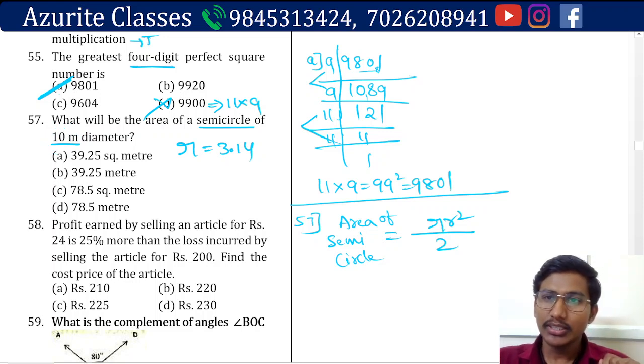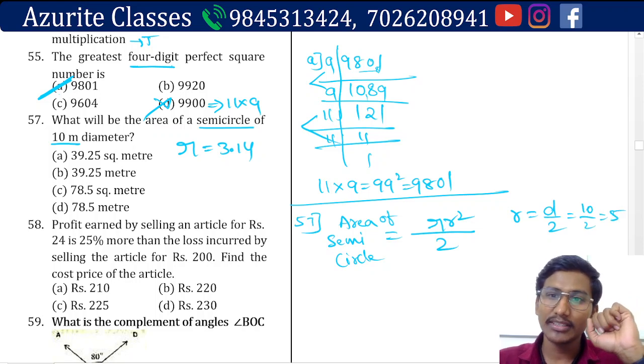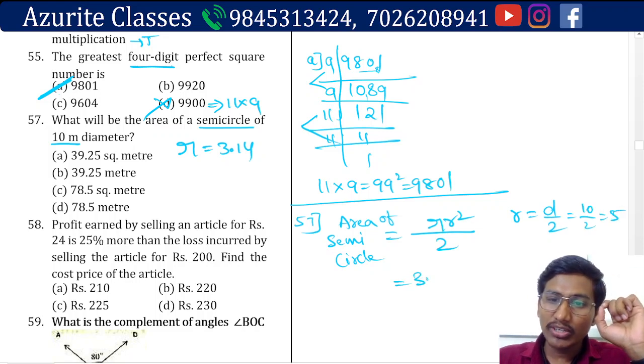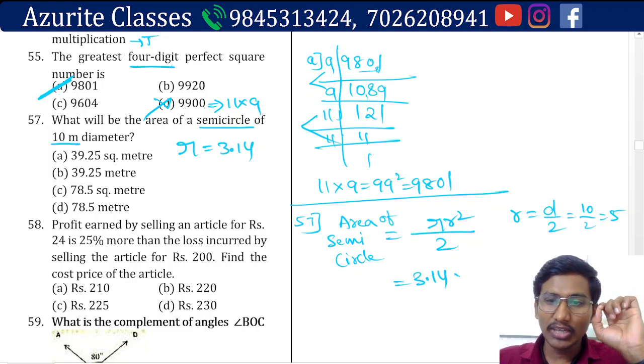Now radius is half of the diameter, right? Diameter by 2, diameter is 10, 10 by 2 is 5. Now take 3.14 as the pi value, r square, radius square means 5 square, divided by 2.